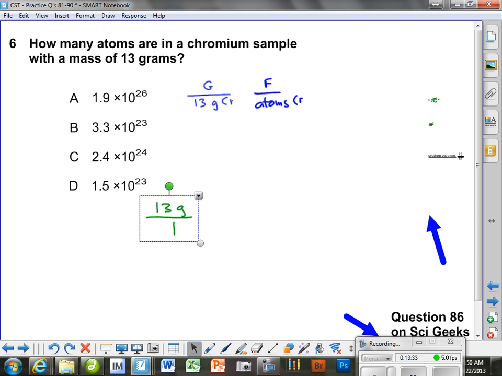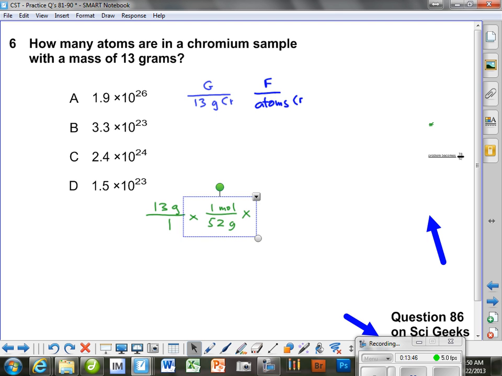Here, 13 grams is our given, and that becomes the start of our calculations. Grams, of course, has to be converted to moles. And to get to moles, we have to use the molar mass on the periodic chart. And we find that is 52 grams. The 52 grams in the molar mass has to be on bottom because grams is on the top with our given.